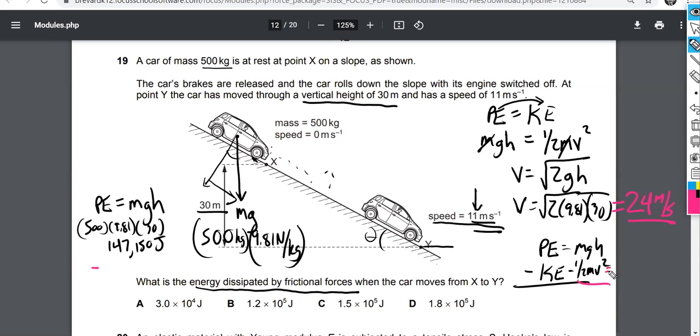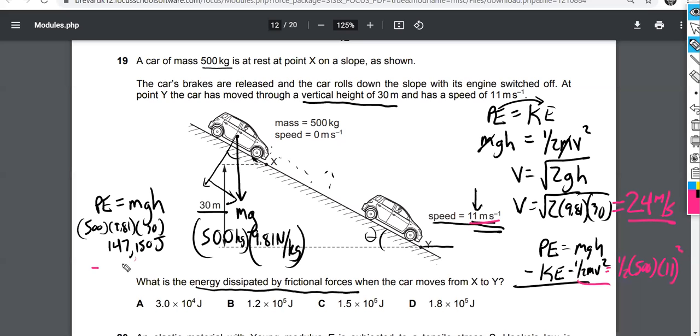So we know that we've got a 1/2 500 kilogram object going 11, we square it. So the kinetic energy of this object at this point, because they give us the speed, is calculable, right? So we're just going to subtract away a 1/2 mv squared. So 11 squared is 121. 121 times 500 is 60,500. And then divide that by 2.